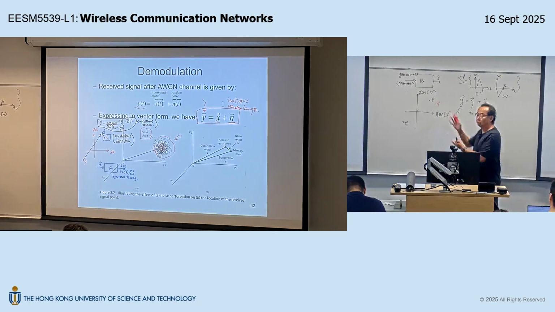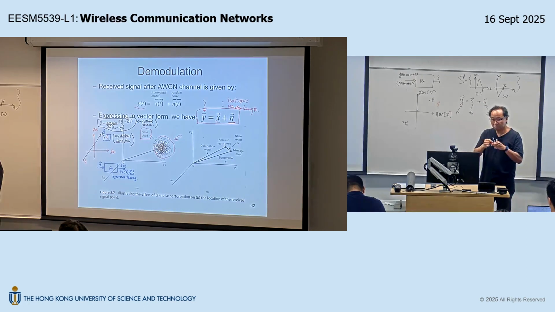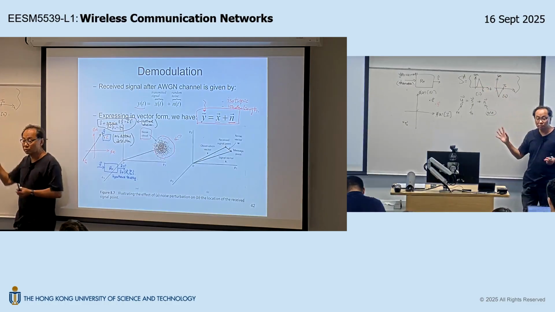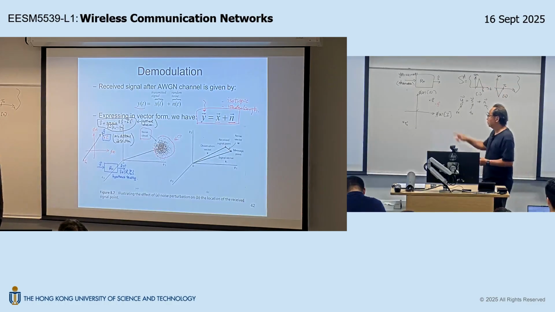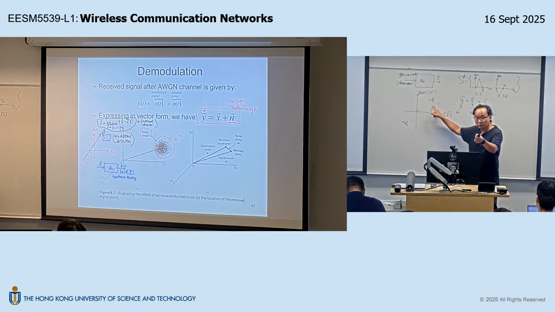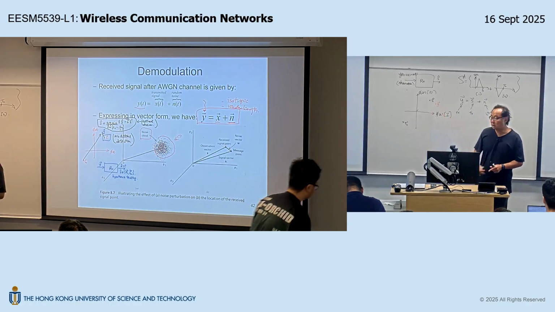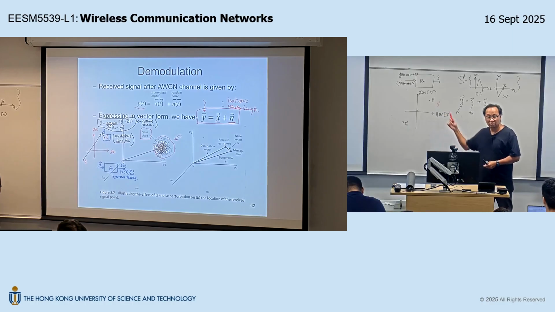I'm the transmitter, and I can only transmit either S1 or S2, no other signals. But given that your observation is here, you don't know which of S1 or S2 I have transmitted, and your task is to tell me your guess based on this observation. What would be your guess?